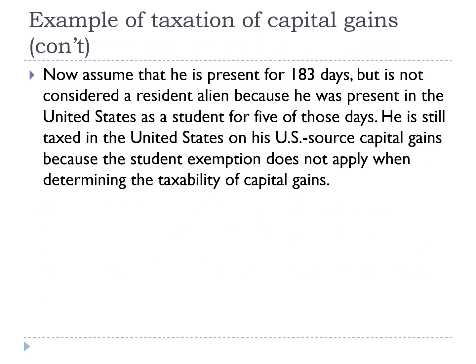Now assume that he is present for 183 days, but is not considered a resident alien because he was present in the United States as a student for 5 of those days. He is still taxed in the United States on his U.S. source capital gains because the student exemption does not apply when determining the taxability of capital gains.